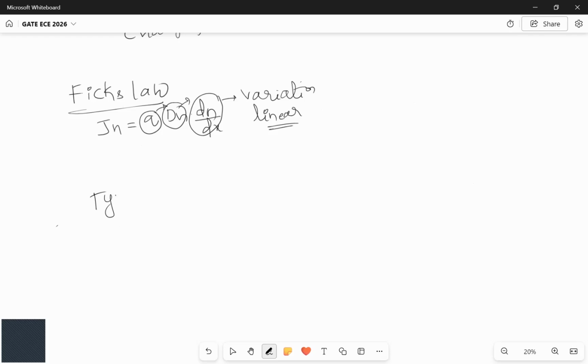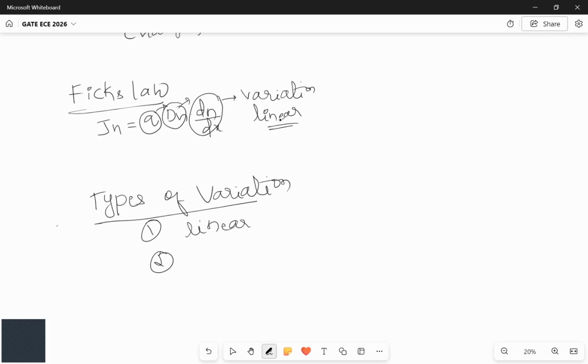So now the fourth concept is types of variation. The first type is linear, which is what is given in the question. The second type is exponential.